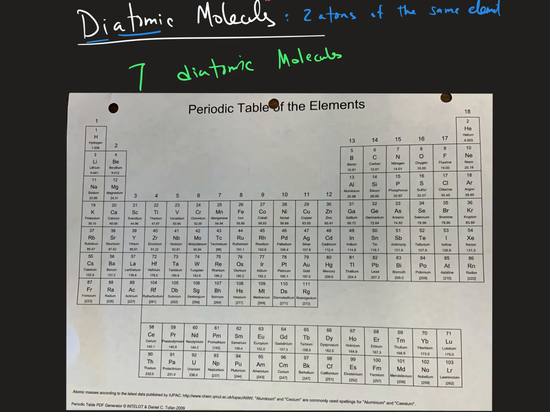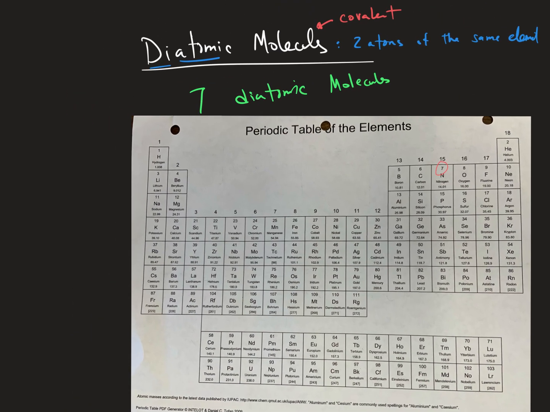Okay. It starts at number 7. Let me use a different color. Starts at number 7. Then we draw a 7.